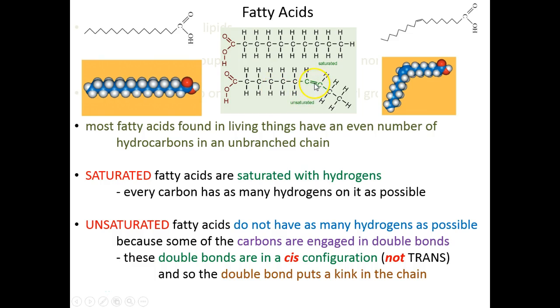And you see, because of this double bond here, these two carbons are holding on to one fewer proton each. There's a proton missing from here and a proton missing from here in order to make that double bond possible. Because we are in cis, and we have each of those hydrogens on the top of these carbons, and below those carbons we see we have the open space, these two protons sterically interfere with one another and cause a kink in the fatty acid chain.